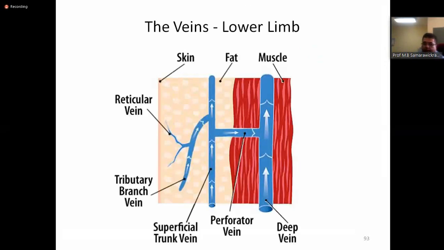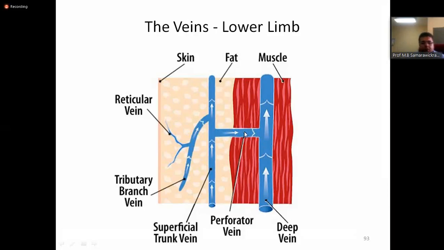And the lower limb veins, this is very important to know the structural arrangement, because there are two superficial systems, the long saphenous vein and the small saphenous system, and deep veins, and these are connected by perforating veins or communicating veins.